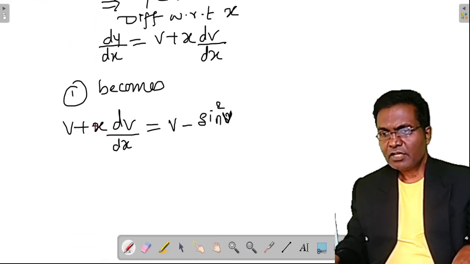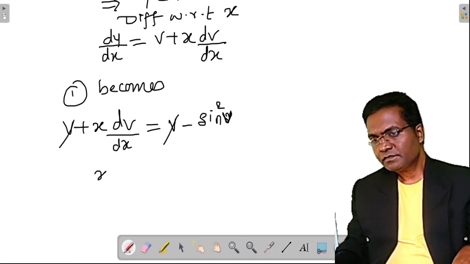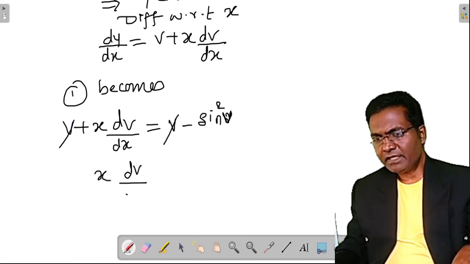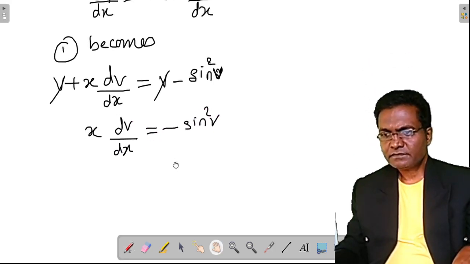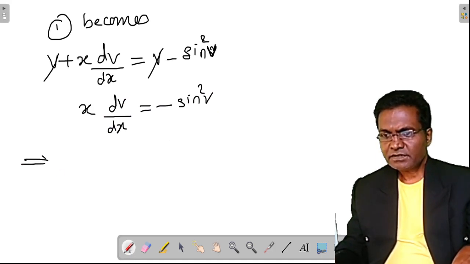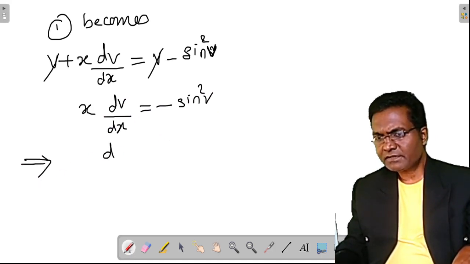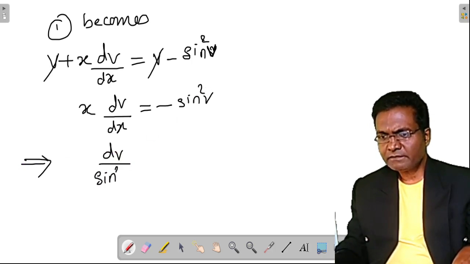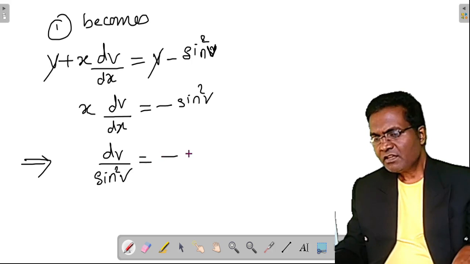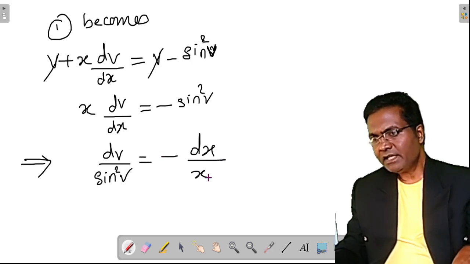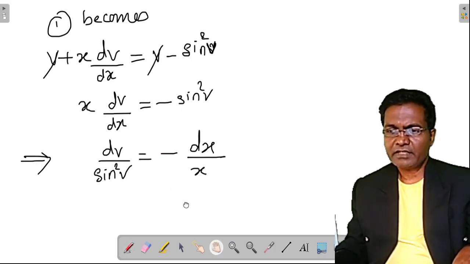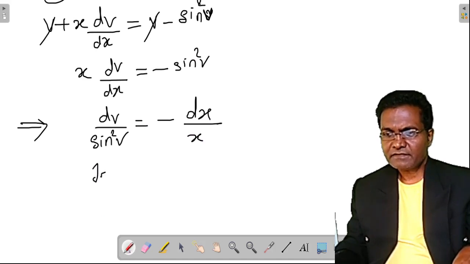Now both side v you can remove. So x dv by dx is equals to minus sine square v. This gives you, separating the variables, bring this sine square down, keep minus out there, minus dx by x.